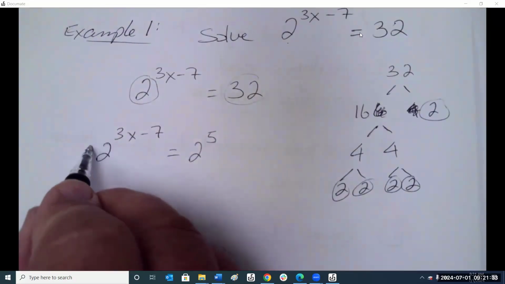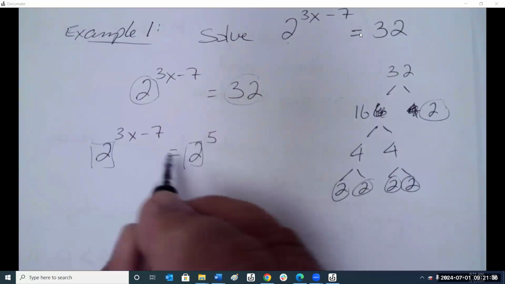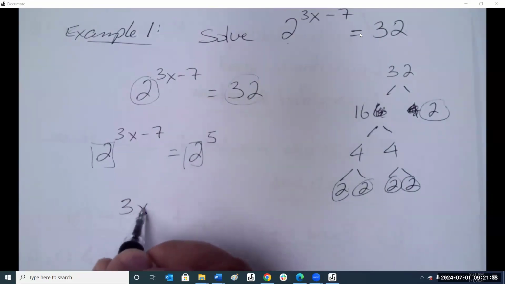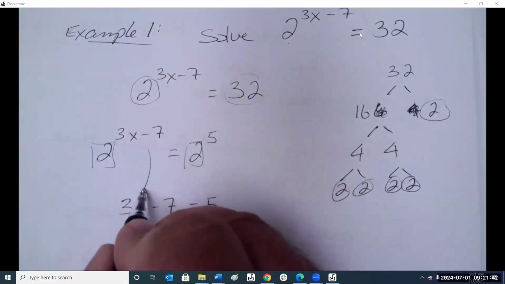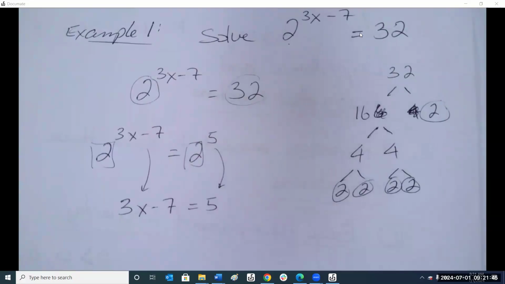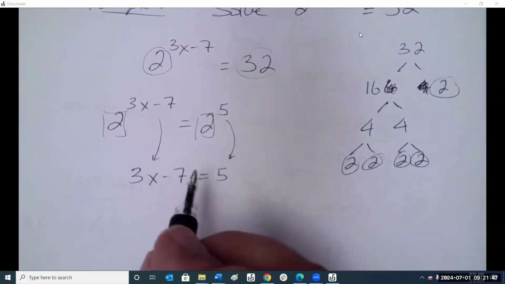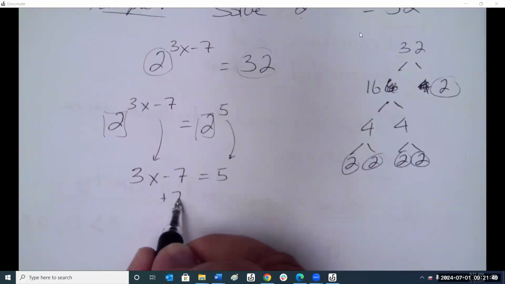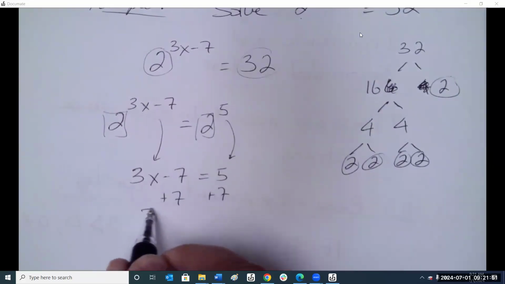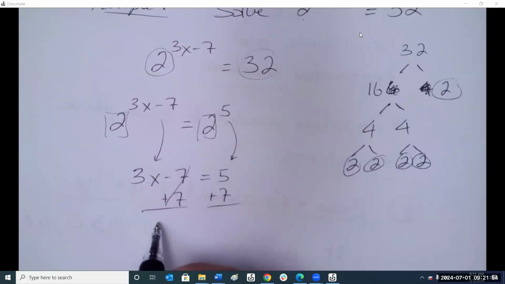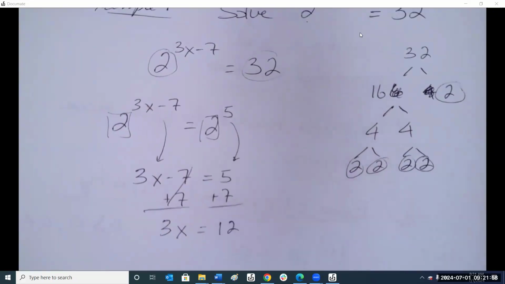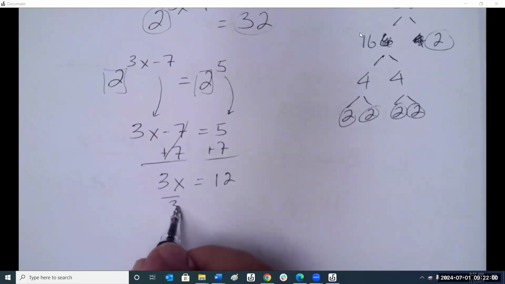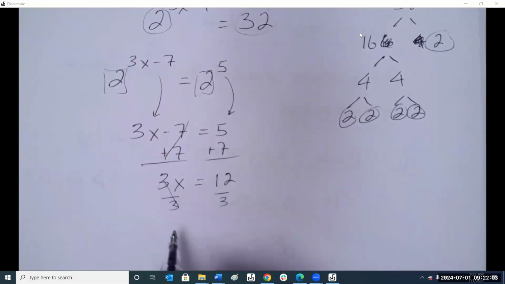Since the bases are the same, the only way this could be equal is if the exponents are equal. And we just solve for x there. Add 7 to both sides, and then divide by 3. x is equal to 4.